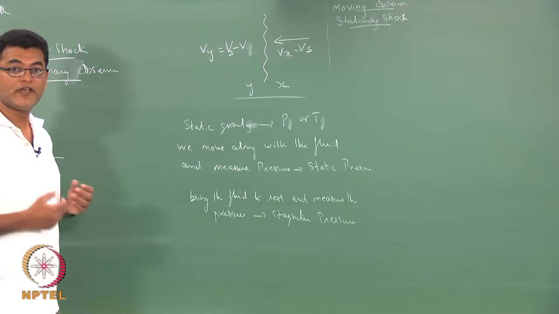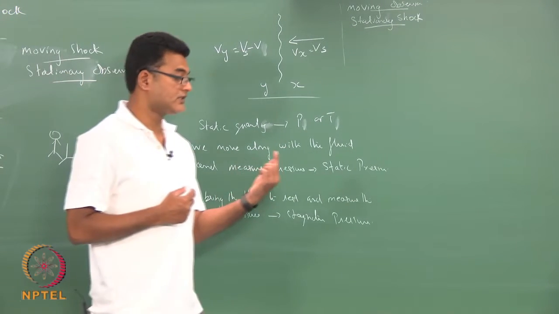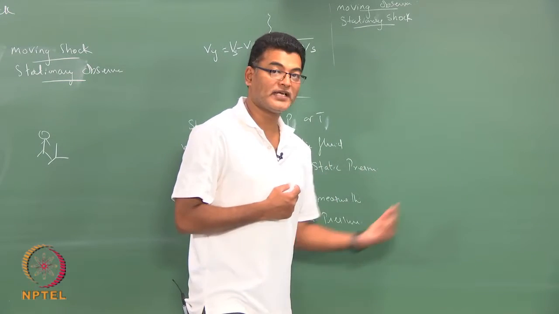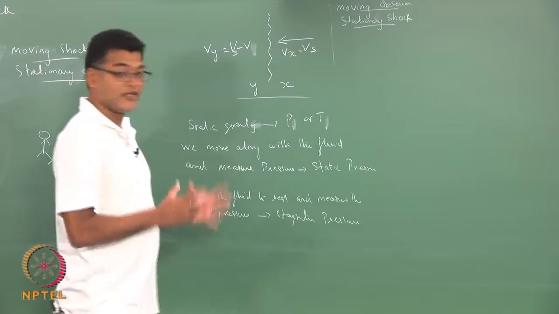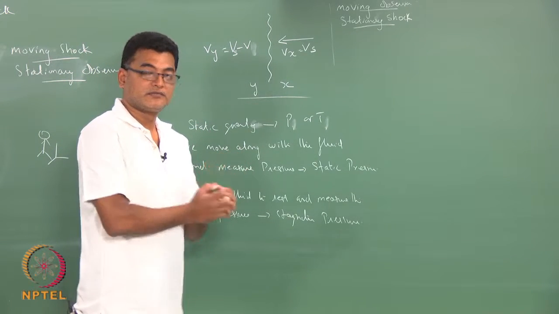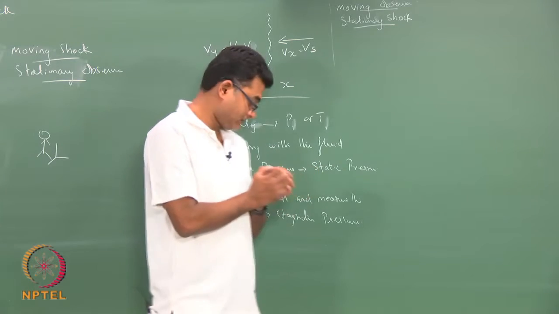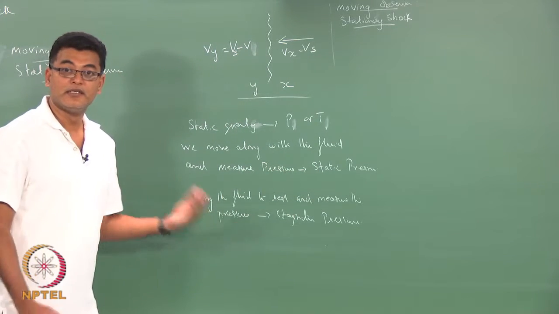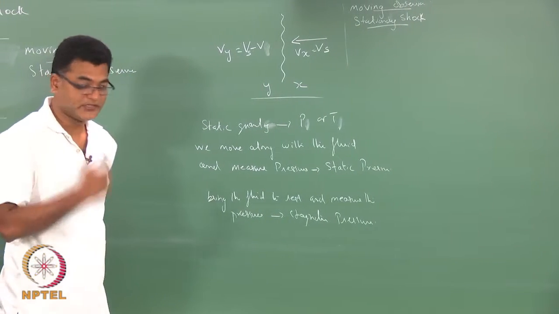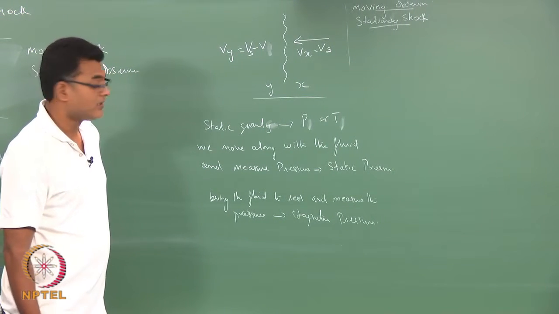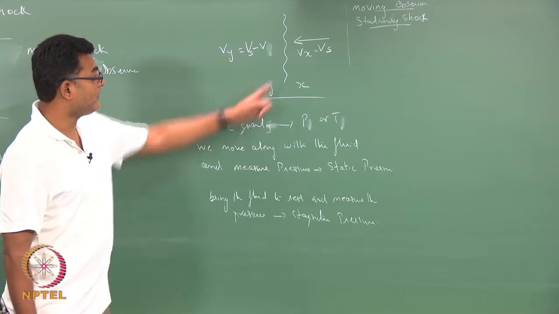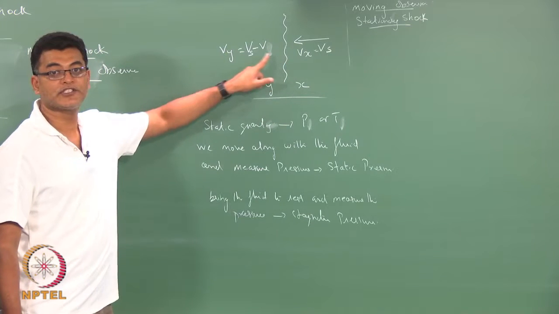If I have a fluid and I am moving along with the particle and measure my pressure or temperature, I would get my static pressure or static temperature. If I isentropically bring it down to 0 velocity and measure my temperature or pressure, the quantity we are measuring is called the stagnation pressure and temperature. This is something which we had defined during our definition of the stagnation state. Now, we have a situation here where we are moving along with the shock.